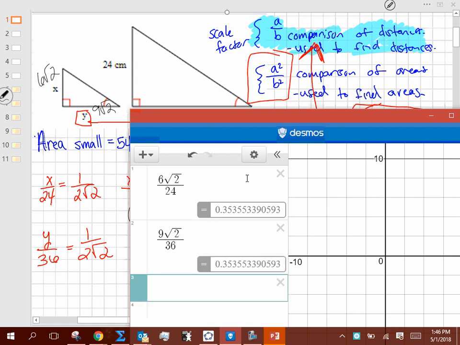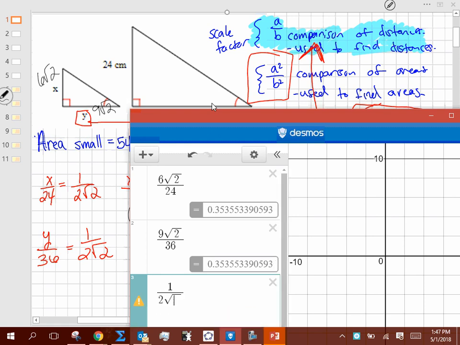Both of those comparisons, X compared to 24 and Y compared to 36, reduce to my scale factor of 1 divided by 2 radical 2. If all three of those comparisons are the same, we know we've done things correctly.